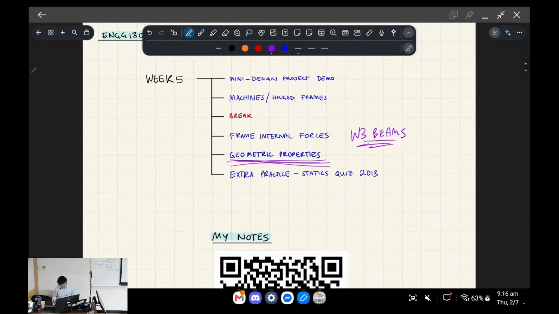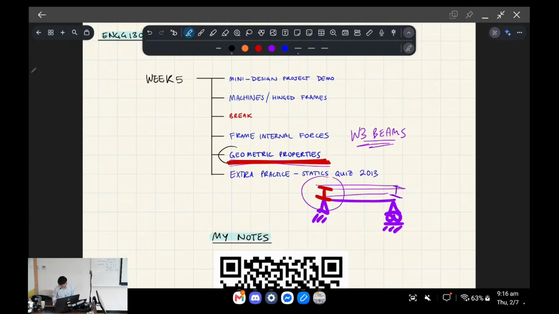Essentially, if you think about a beam, we've just been assuming it's a 1D member, like so. But we haven't really considered the 3D-ness of the actual beam. So geometric properties is basically talking about the cross-section of the beam. For example, if this is an I-shaped beam, we're calculating the properties of the actual cross-section in this topic.